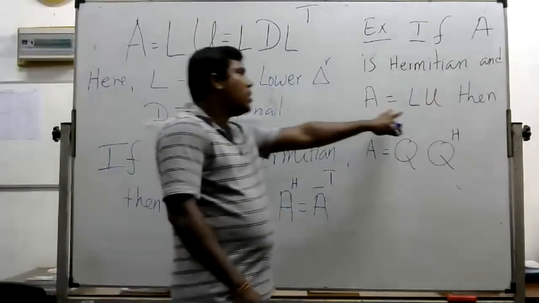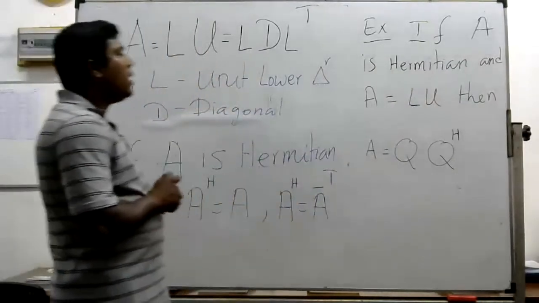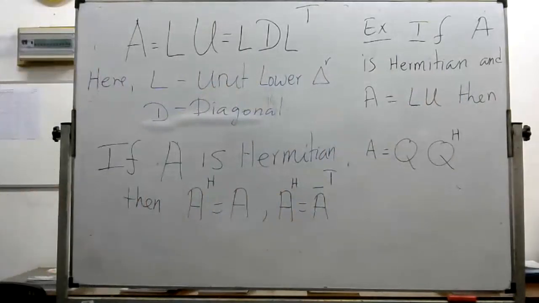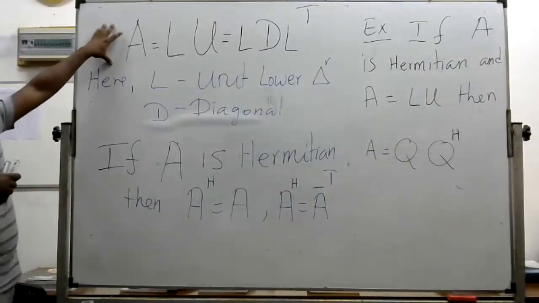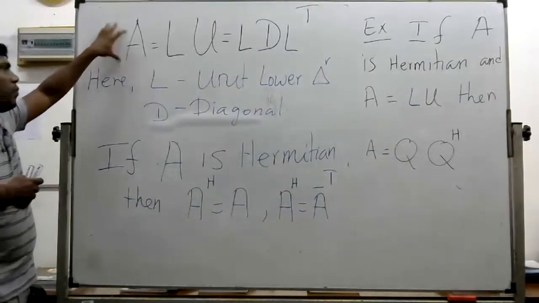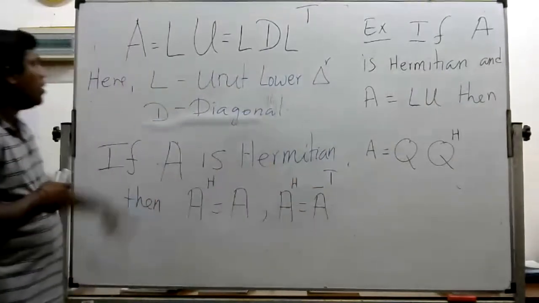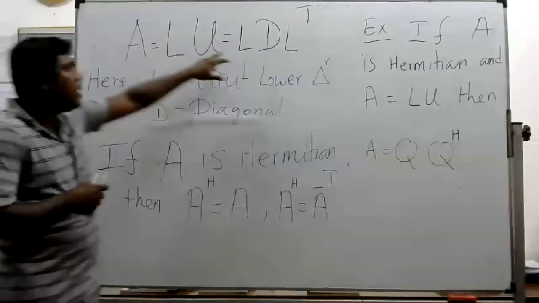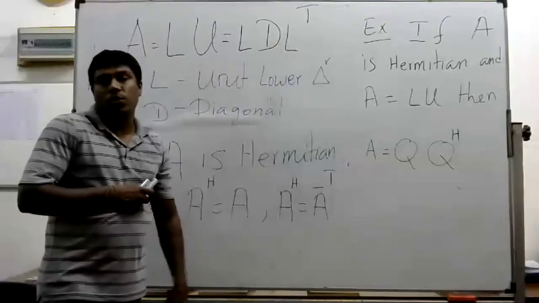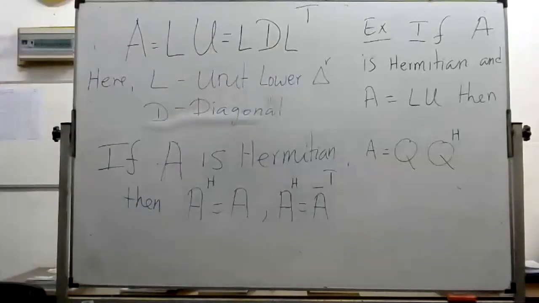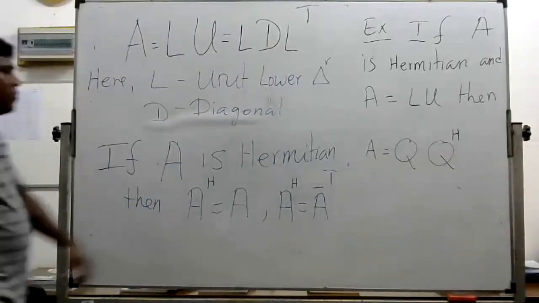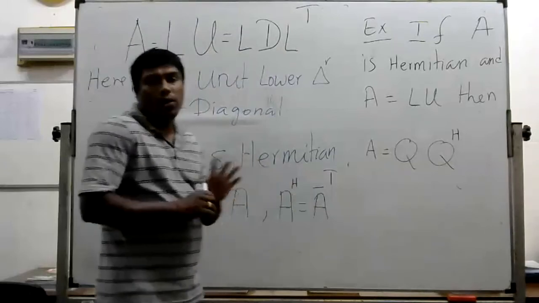And if A can be written as an LU factorization, for a real matrix I showed you. If A is symmetric, right? If A is equal to A transpose, then you can write A as L D L transpose. So half of the work is already done. Right? So now you have to think of this conjugate part only. Right?